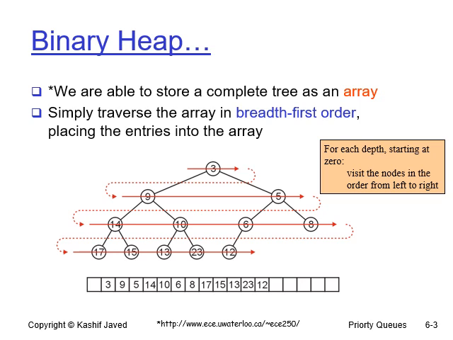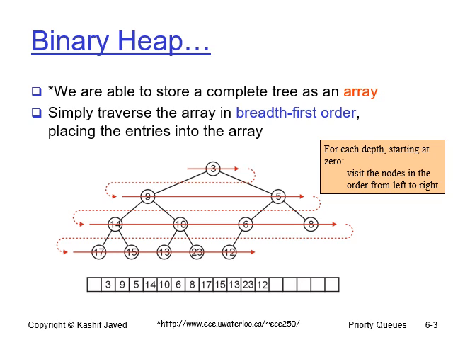So starting from 0 depth, there is the first node, there is the root node. So you place 3 at the root, and then 9, then 5, then 14, then 10, then 6 is inserted, then 8 is inserted, then on the last level, we have node number 17, node number 15, 13, 23, 12, and these are the leaf nodes.